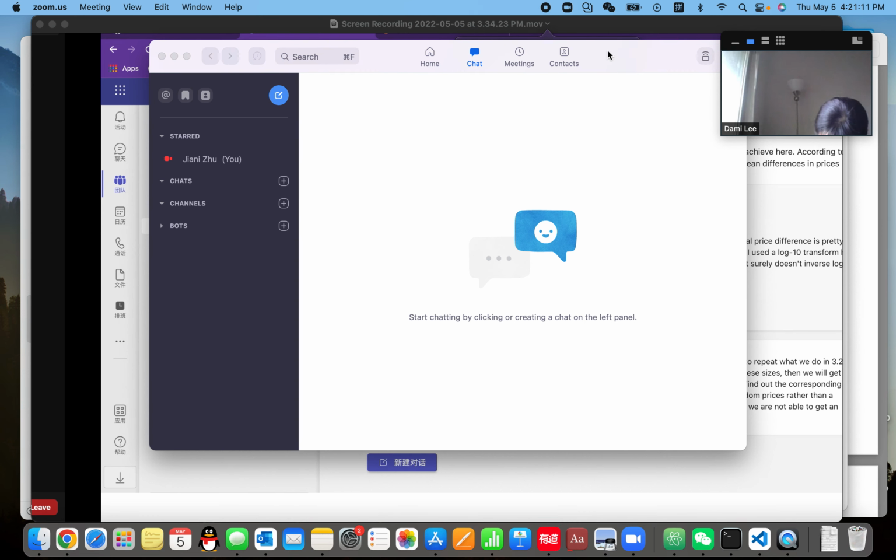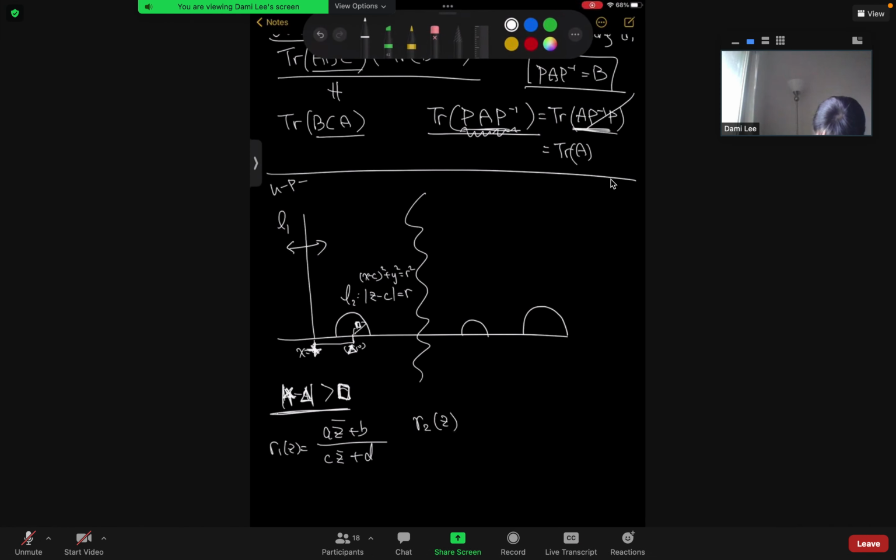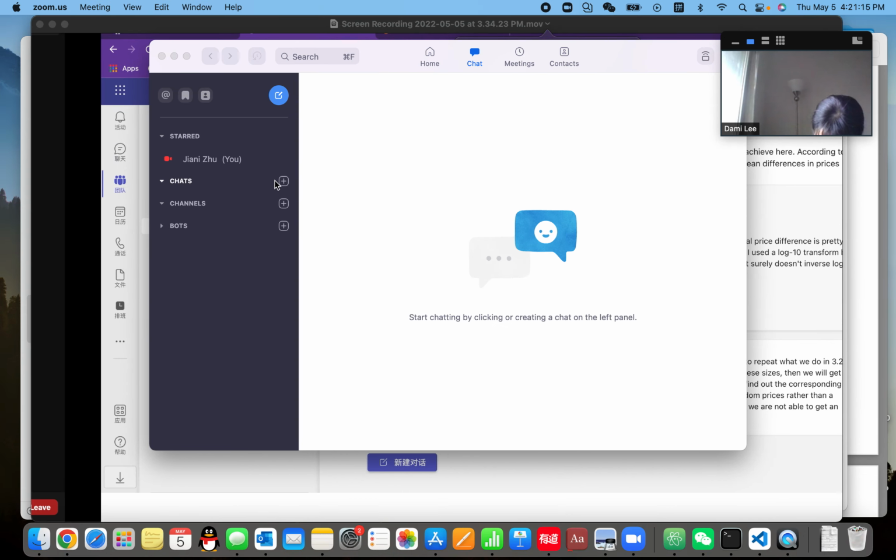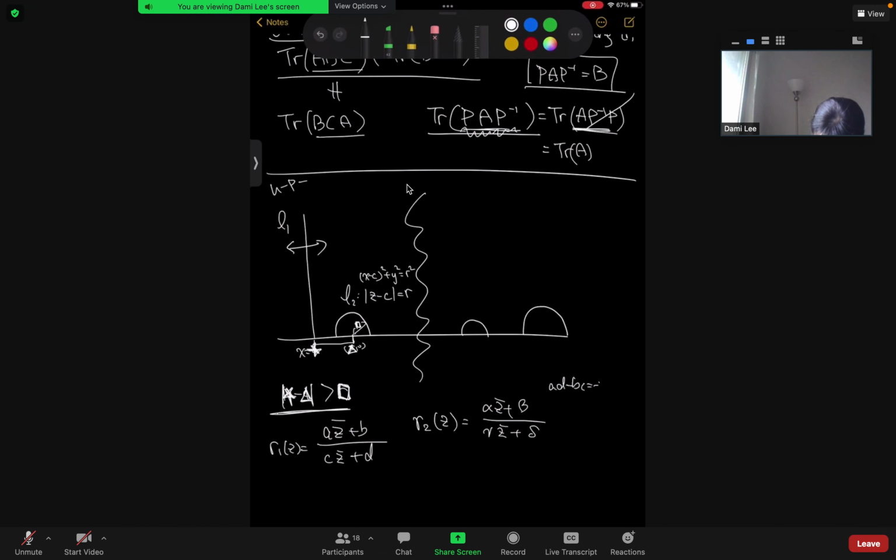And then you get another reflection about L2. Here our determinants must be -1. They're all -1. And whatever these coefficients are, they come from the lines, whatever star, square, and triangle.